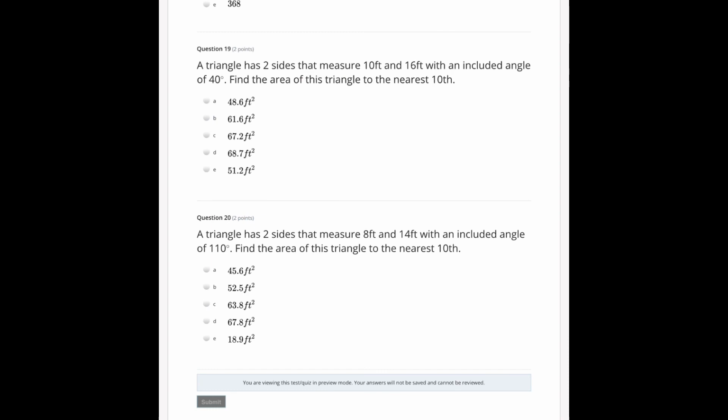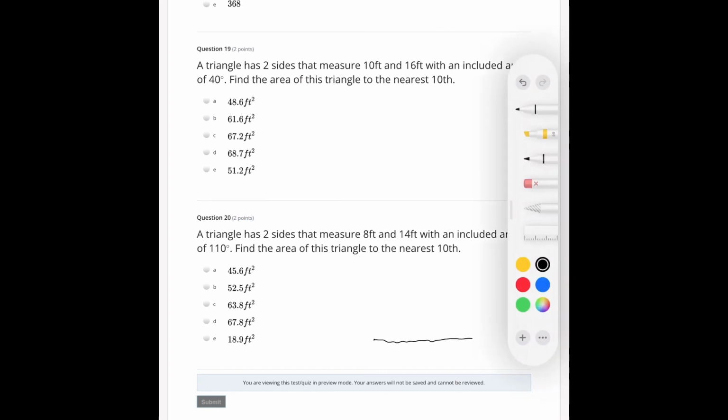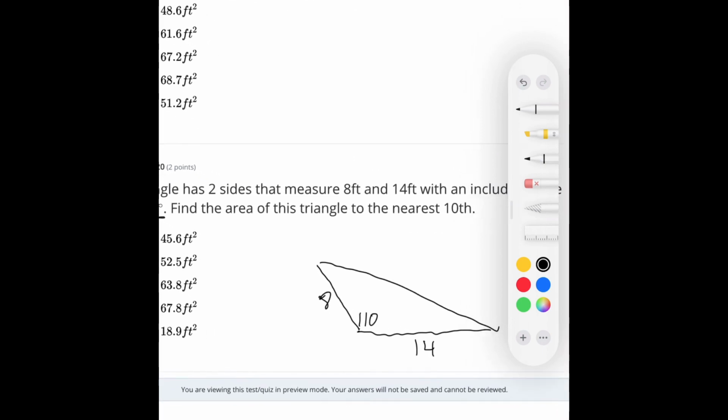Okay, for this last one, we've got side lengths of 14 and 8. Let's just let 14 be my base. And this is a 110 degree angle, which is obtuse. So let's make an obtuse angle. And this side will be 8. So 110, and then we'll make our triangle. All right, so we need to find our height.